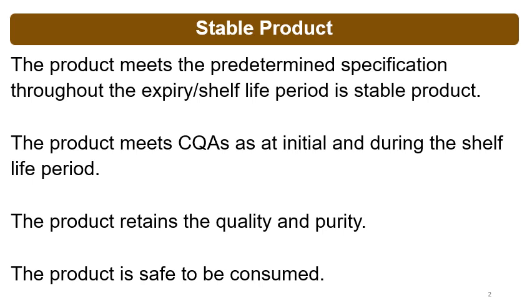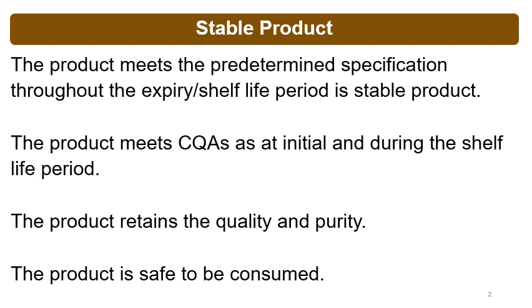The simple meaning of this definition is the product which meets CQAs at initial and during the shelf life period. That means the product retains the quality and purity throughout the stability period, and the product is safe to be consumed throughout this period.